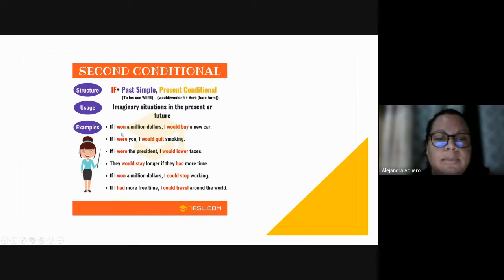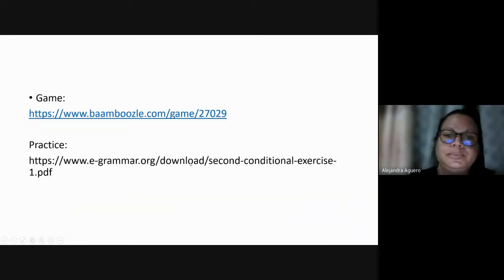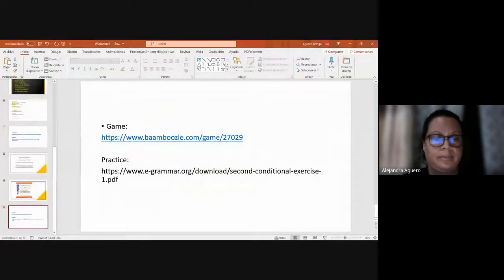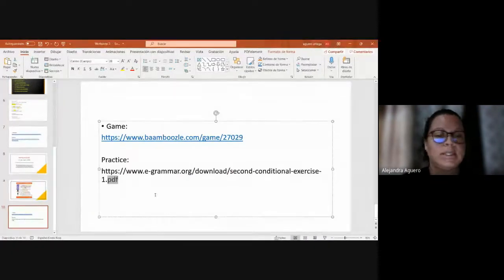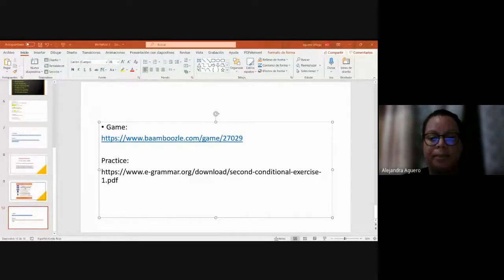Okay, you can see here are in past because we have the condition if, but in this one, we start not with the condition, but with the result. So we say would in simple form, if in the simple past. Okay, this is the practice that we did. This one is a PDF, so we were working in a Word document.